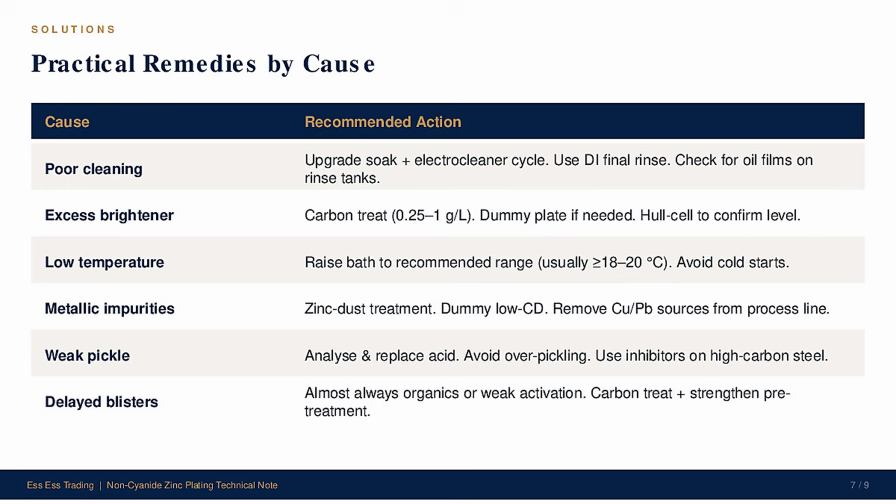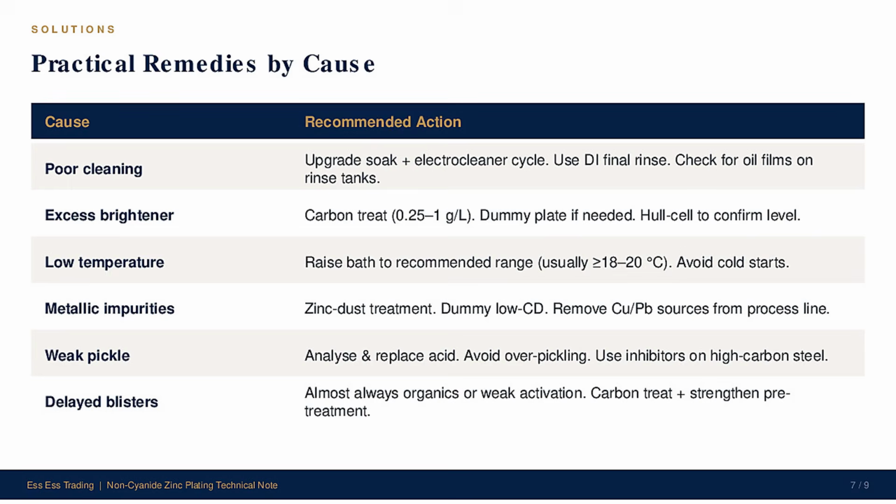Here are some practical remedies linked to specific causes. For poor cleaning, upgrade soak and electrocleaner cycles, use deionized water for final rinses, and check rinse tanks for oil films. Excess brightener calls for carbon treatment at about 0.25 to 1 gram per liter, dummy plating if needed, and Hull cell tests to confirm levels. Low bath temperatures should be raised to at least 18 to 20 degrees Celsius to avoid cold starts.